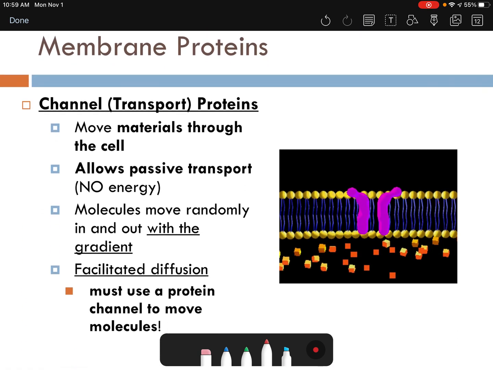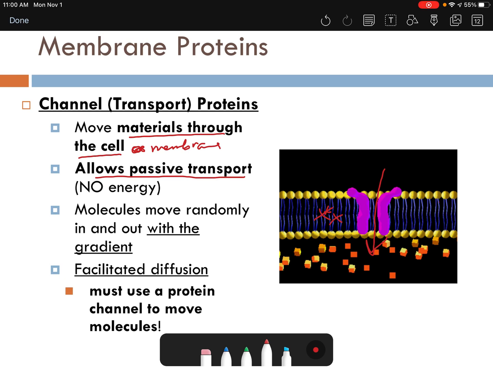Channel proteins or transport proteins are just like the name suggests. They provide a passageway for materials to go through. So they move the materials through the cell membrane. It's still allowing passive transport, but it allows materials that maybe a polar molecule can't go through these lipid nonpolar sections.